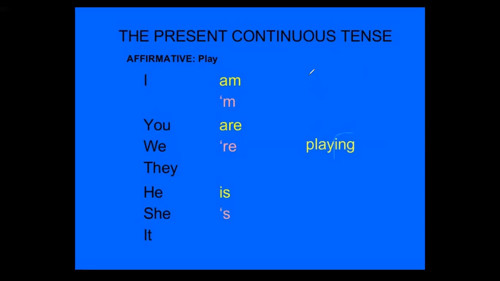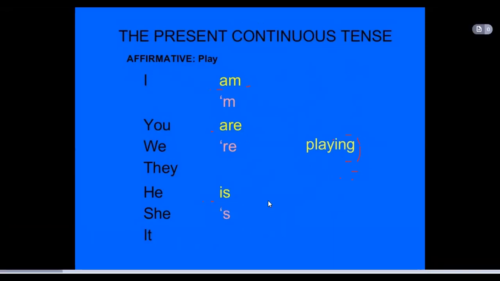So we have ing added to the end of the verb play. I am playing. You are playing. He is playing. If you say I am play, this is wrong. You have to add ing after the verb to be, after am or is or are.